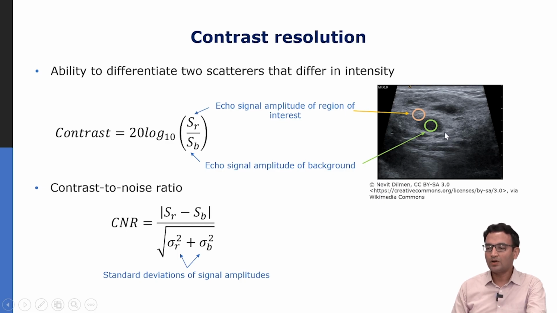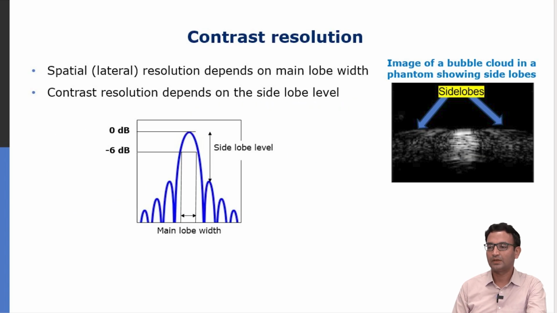Contrast to noise ratio is another parameter where we take the difference of the signals and divide by the square root of their variances. These are standard deviation squares, by the way, so they are variances. So this tells you about the contrast relative to the noise.